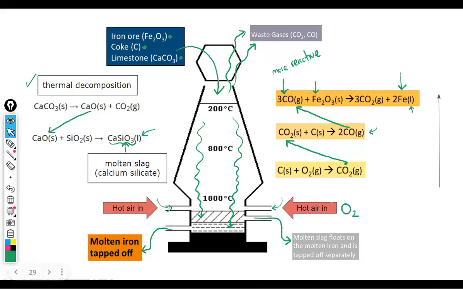So just for recording purposes, if they were to ask you what happened to the Fe2O3, specifically that question, they will ask if the Fe2O3 was reduced or oxidized. I'm giving you the answer because it's such a popular question. The answer: it was reduced.